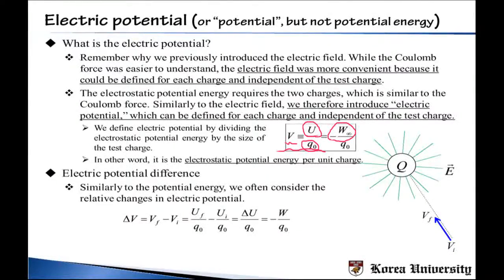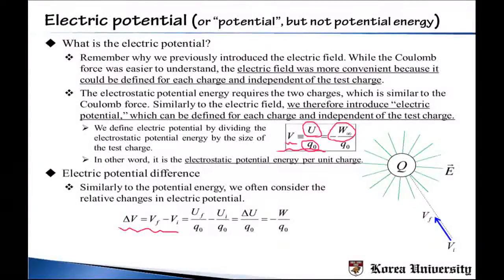Remember that in the case of potential energy, it was the difference that mattered. Similarly, the electric potential is not exactly the same as the potential energy, but it is in fact very similar in many respects. So also for electric potential, the difference is very important. So we again consider the relative changes, or the difference, in the electric potential. Here we are expressing delta V, which is the difference between VI and VF.